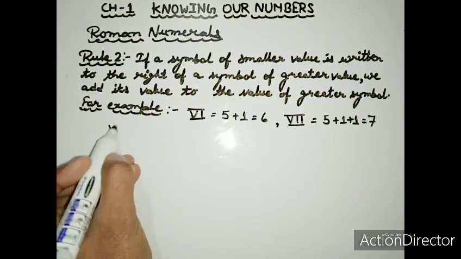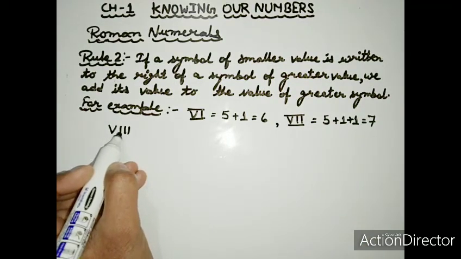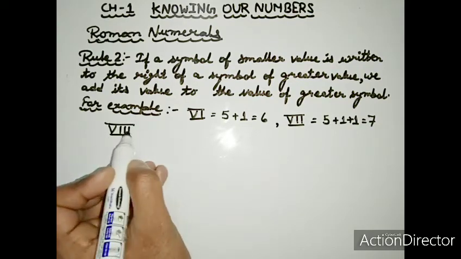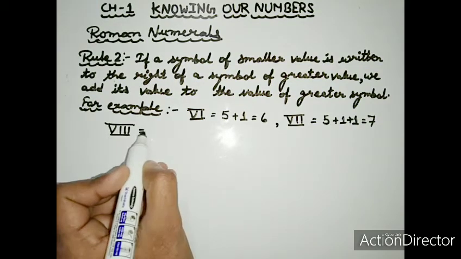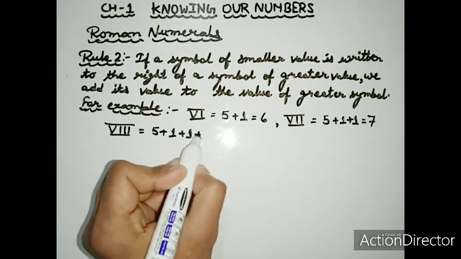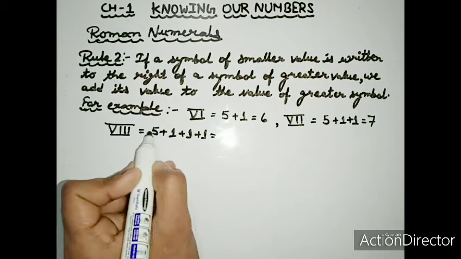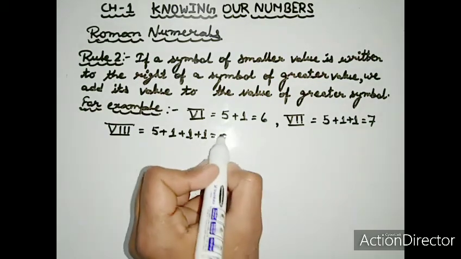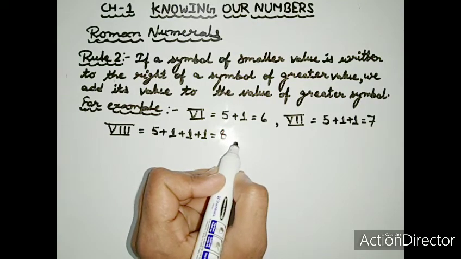For 8, I is repeated only 3 times, since the maximum repetition of I is 3. So we write 5 plus 1 plus 1 plus 1: 5 plus 1 is 6, plus 1 is 7, plus 1 is 8.